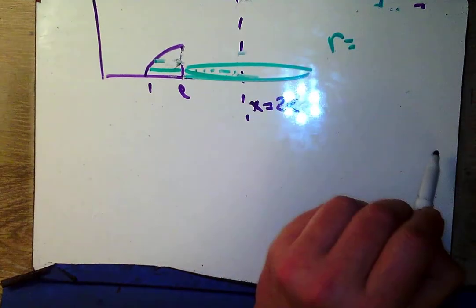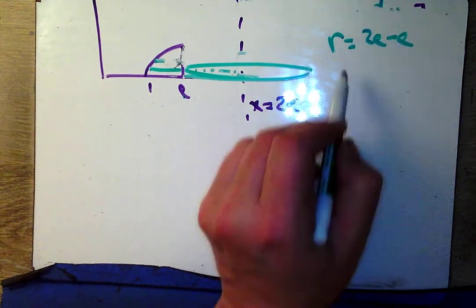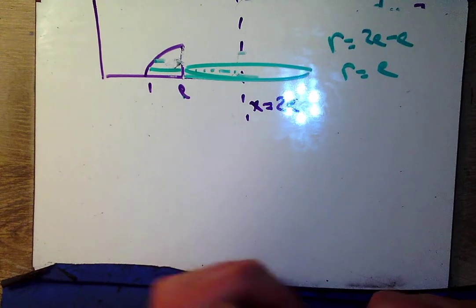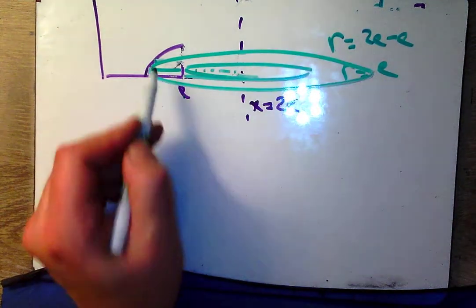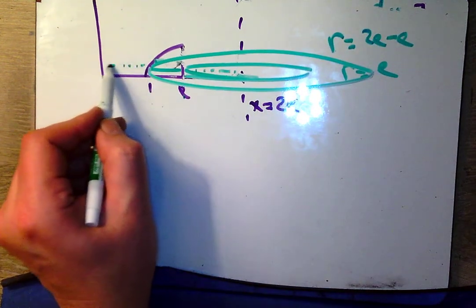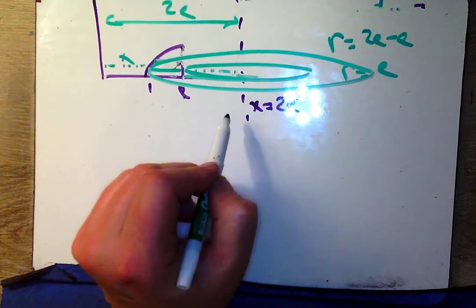Little r is simply the distance from here to here, 2e minus e, so r is e. All right, now what about big R? Big R, that's bigger. This is x. This is 2e.